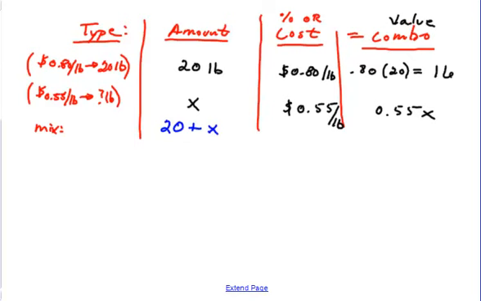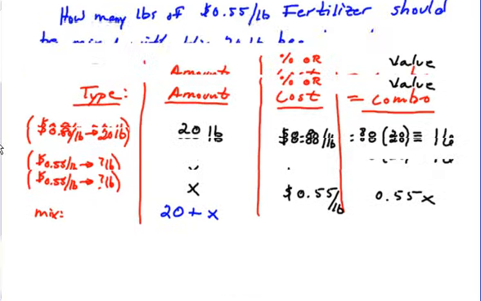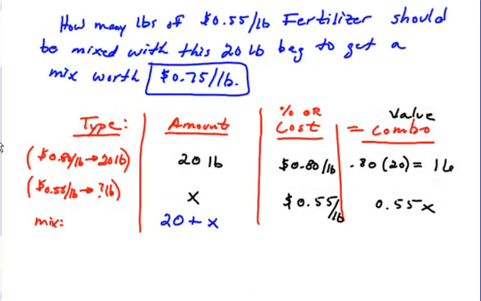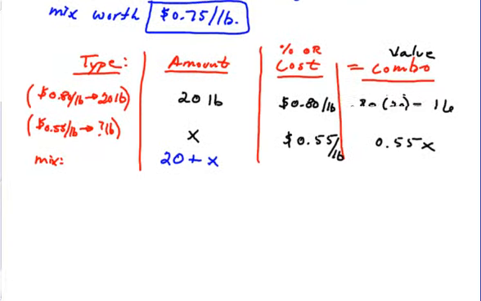Now the cost, I know how much I want it to cost. How much did the problem tell me to make this cost? 75 cents a pound, okay. So what would the value of this bag have been? Go ahead, you're saying it right. You're close.